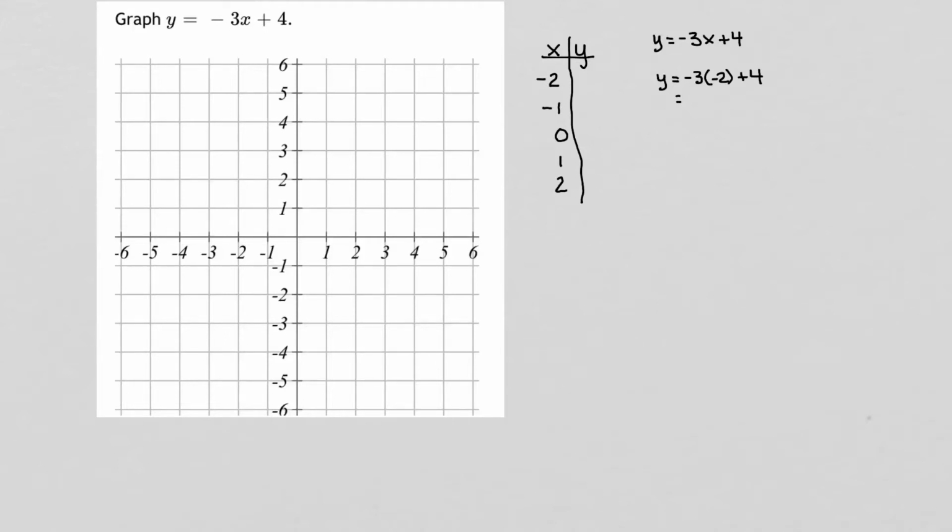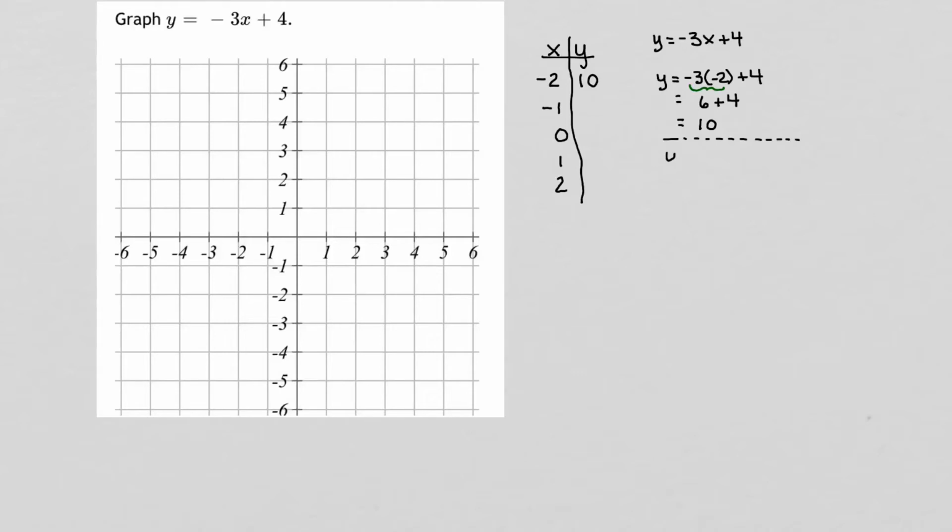Negative 3 times negative 2 gives us a positive number. Multiplication must be done before we do addition and subtraction, and so negative 3 times negative 2 is positive 6. And positive 6 plus 4 gives us 10. That means when x is negative 2, y is 10.